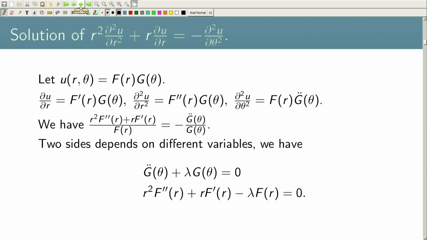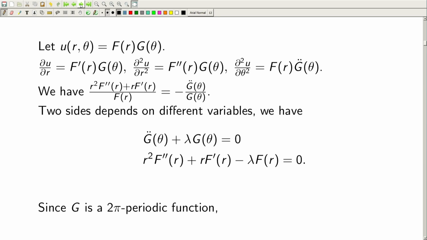So, what we get from this is equal to lambda, which means g double derivative with respect to theta plus lambda of g theta is equal to 0, and the left hand side being equal to lambda, we get r square f double prime of r plus r f prime of r minus lambda f r is equal to 0.